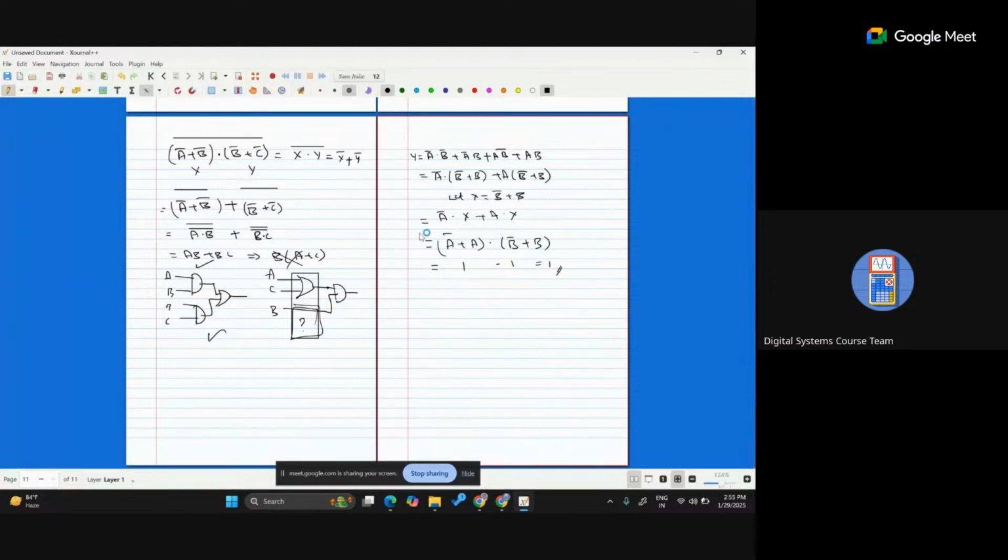But let's give some other example. Let's take this expression: A bar B bar C bar D, or A bar B bar C D bar, or... Okay. Can you simplify this expression?